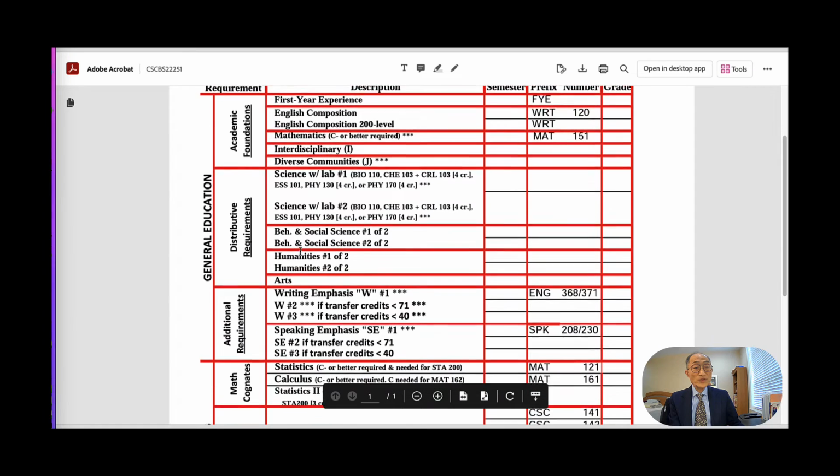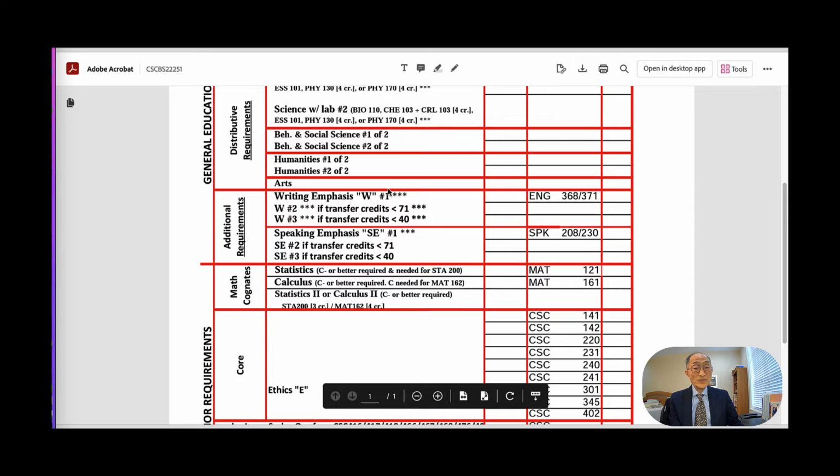The next one is called writing emphasis. That's the one on our advising sheet right here, writing emphasis. Here tells you the rule. If you have less than 40 transfer credits, you will need 3 courses.